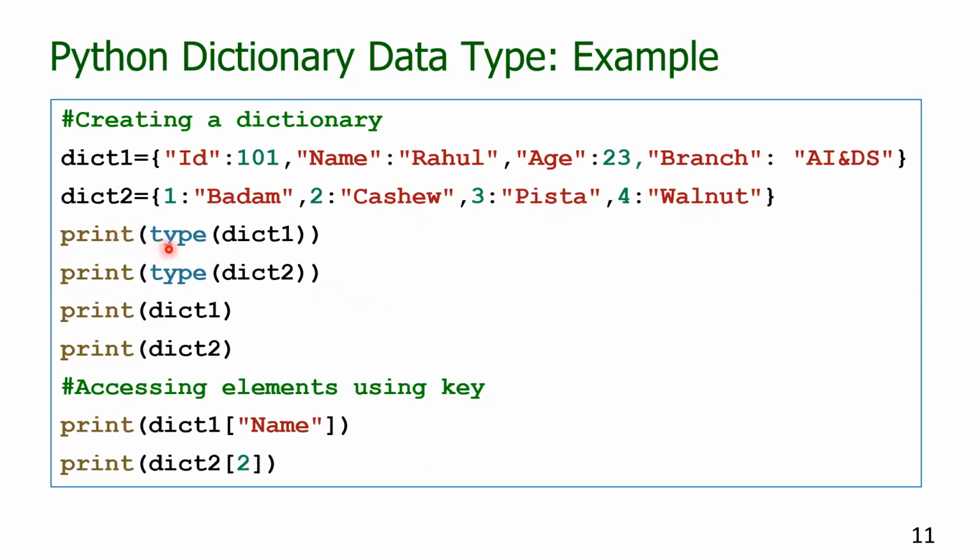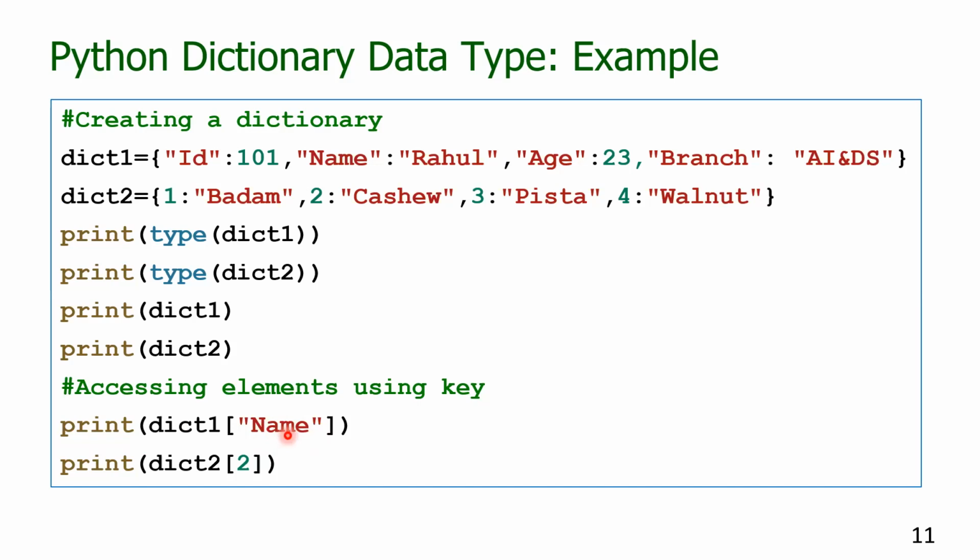And if we try to print the type of Dict1 and type of Dict2, it is going to print it as dict class, because the dictionary data type is being implemented by using the class dict. And then we are printing both the dictionaries, and we are trying to access the elements of the dictionary by using the key as the index.